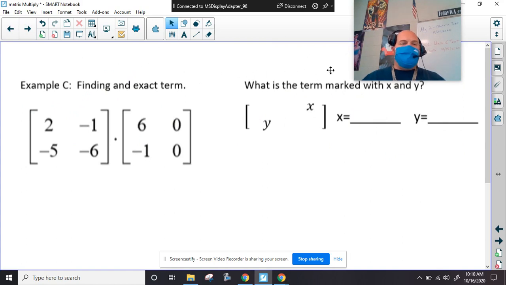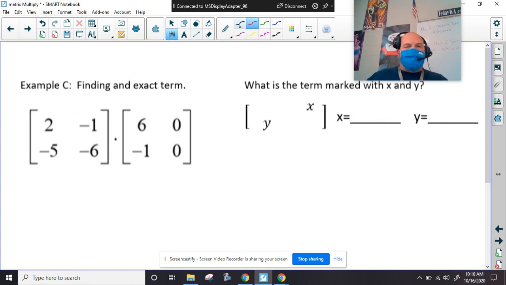Now, in some of the other examples, you'll see tick marks or little things. That's to let you know that the answer is a 2 by 2. This time we're actually trying to find the exact term that goes in whether X or Y is.